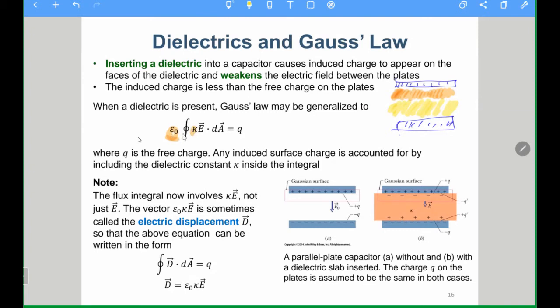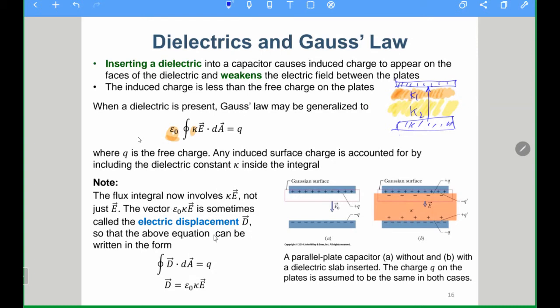Placing it outside would be a bit strange because you cannot distinguish. But if you place it inside the integration sign, then you should be cautious: if I integrate from here to here, then for this part I should use kappa 1, and for here kappa 2. Just keep in mind you have a factor of kappa.